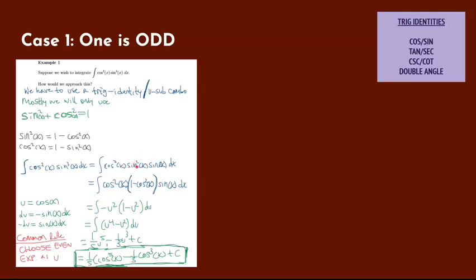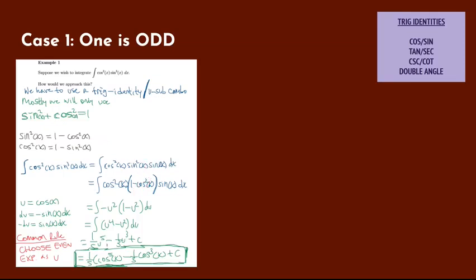This is the one we'll have to use, because there is no trig identity that applies to sine x, only sine squared x. So using this trig identity that you need to memorize, solve for sine squared x, it equals 1 minus cosine squared x. So we plug that in there. That's the next step. So like I said, first you split it. Second, you plug in a trig identity.